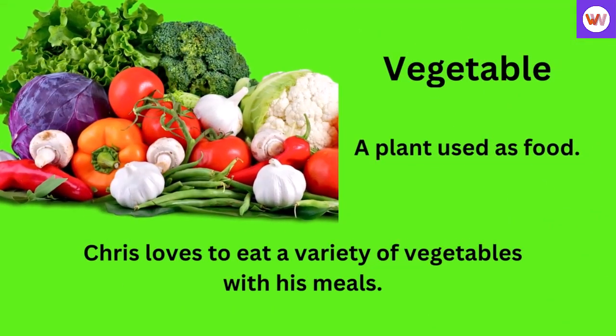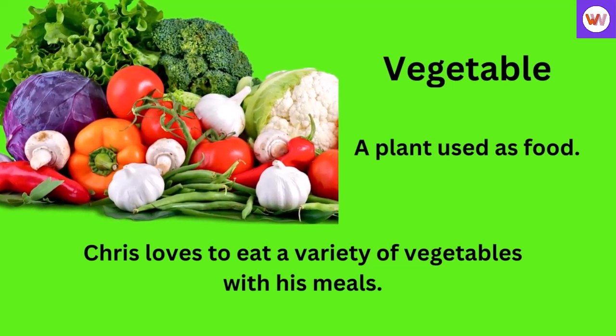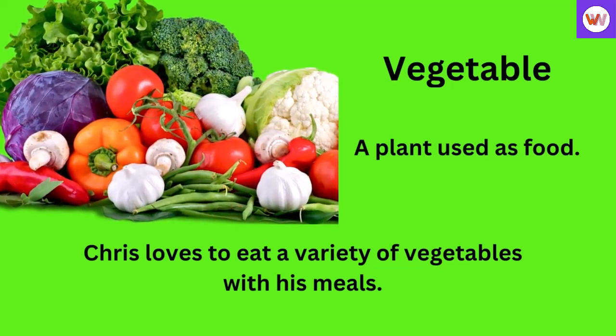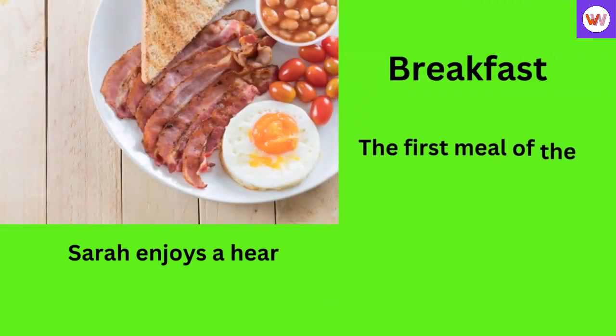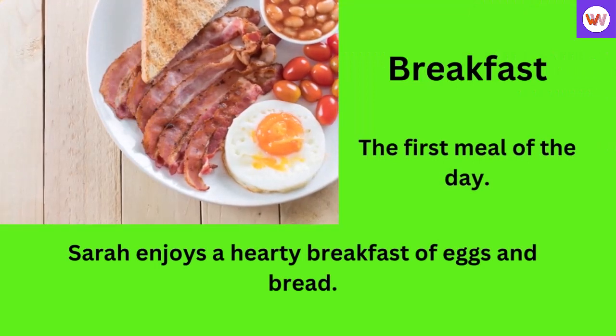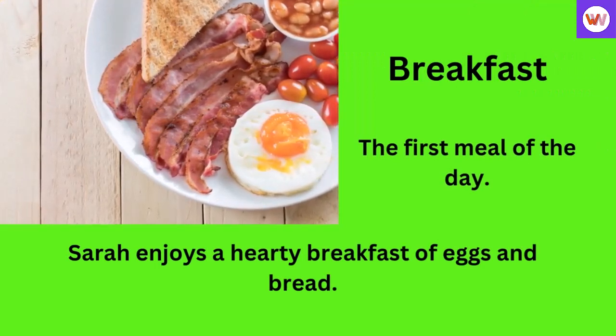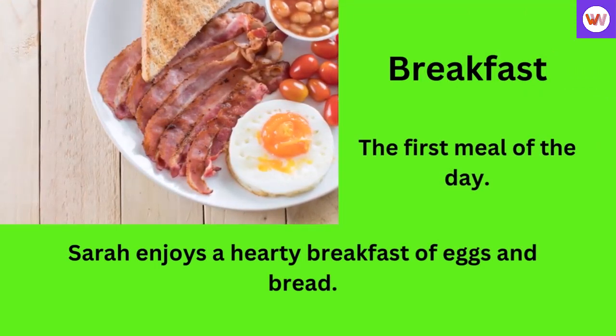Vegetable. A plant used as food. Chris loves to eat a variety of vegetables with his meals. Breakfast. The first meal of the day. Sarah enjoys a hearty breakfast of eggs and bread.